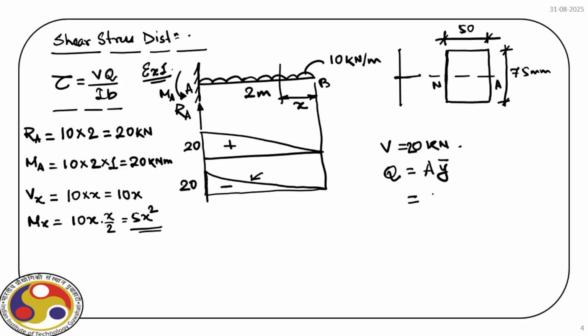So what is A? We have 50 times 75 by 2 into 75 by 4. So for the section above the neutral axis, we have the CG somewhere here at the middle, and that is 1/4 of the total depth from the neutral axis, right?